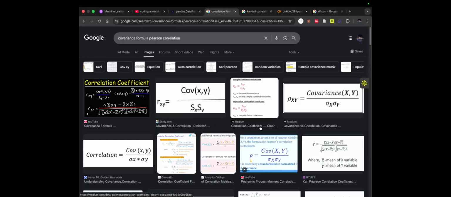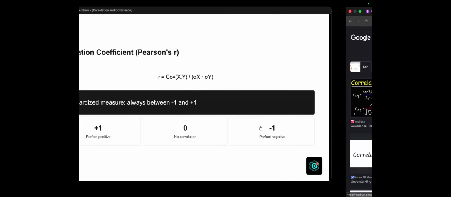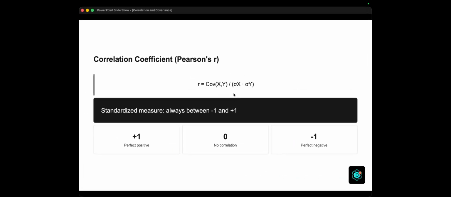You can see that it's the covariance that we calculated previously, but divided by the standard deviation of x multiplied by the standard deviation of y, to avoid any issues related to different scales of the data. This will help us get good results, and the results will usually be between -1 and +1.